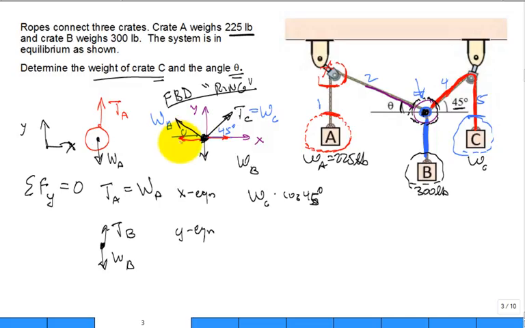Likewise, over here, we can put minus the weight in the cable going to B, which is equal to the weight of B, times the cosine of theta. Does this force, which is equal to the weight of the B crate, have any component in the x? No. So we end our equation, it's equal to 0.